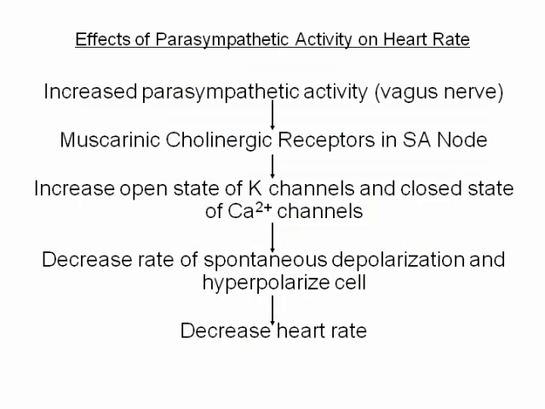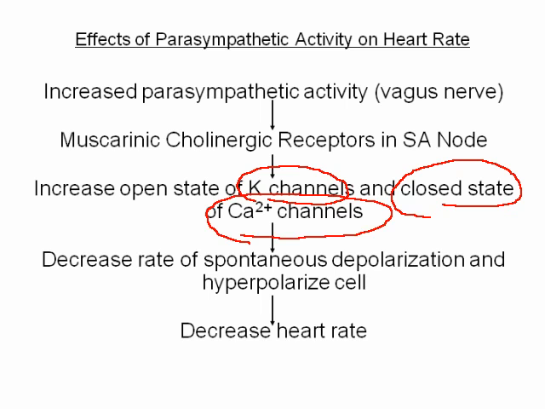Let's take a look at the effects of the parasympathetic nervous system. So the vagus nerve is the parasympathetic nerve coming into the heart. Parasympathetic nervous system, of course, releases acetylcholine, which at target tissues binds to muscarinic receptors, and in this case, in the SA node. Those muscarinic receptors are going to increase the open state of potassium channels and the closed state of calcium channels.